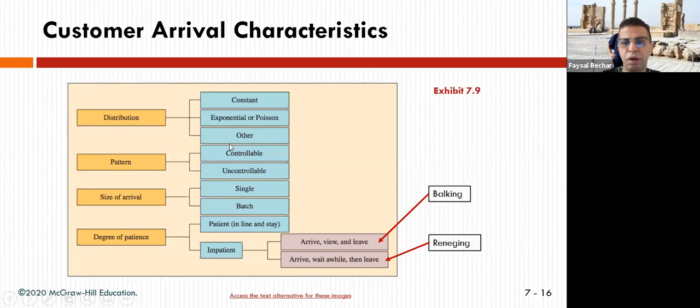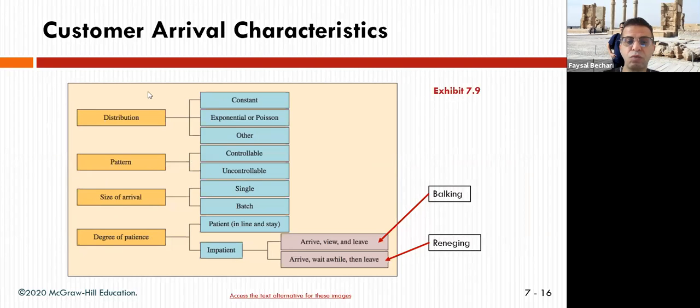So the customer arrival characteristics are basically: you have the distribution, you look at the pattern, how this is happening, and you look at the size of arrival, and you look at the degree of patience, how long they can wait.